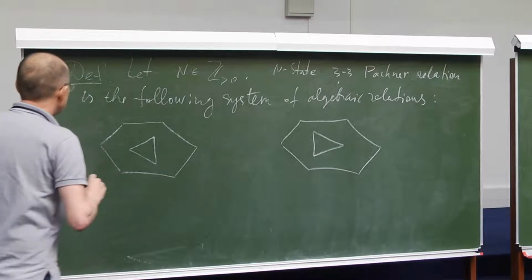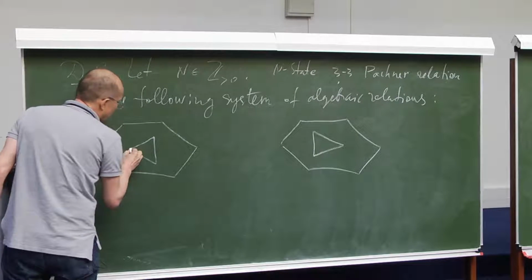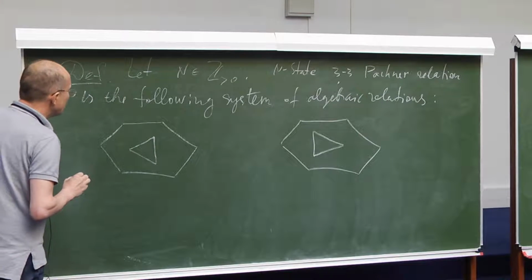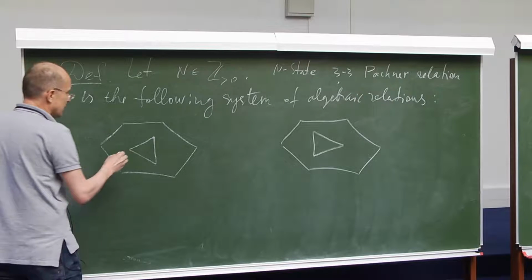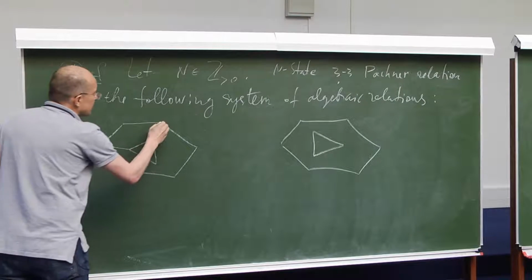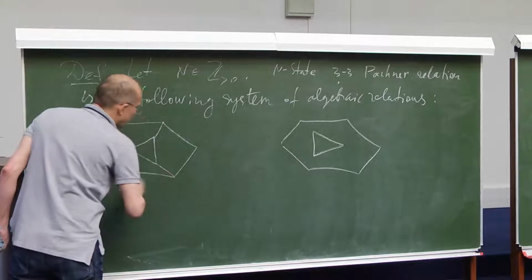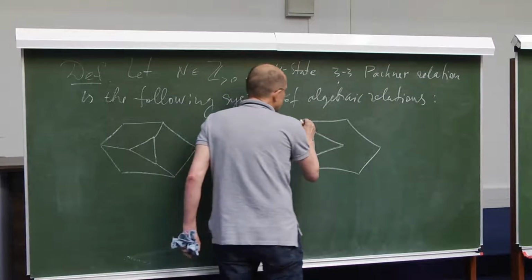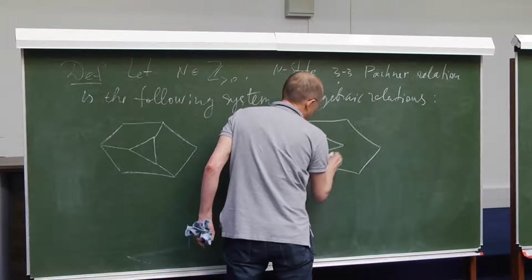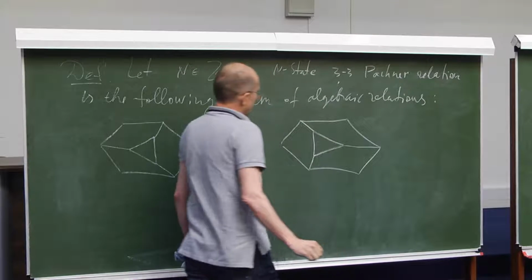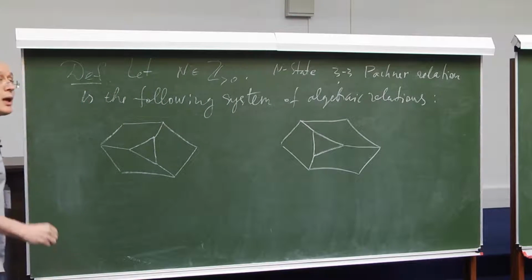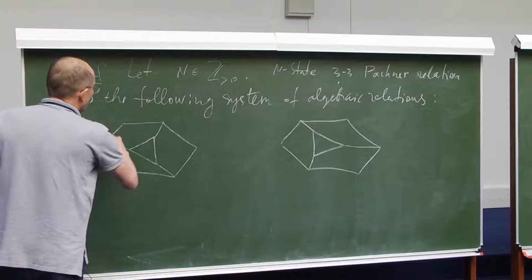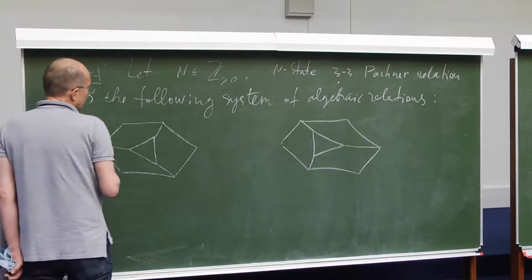Then I draw 3 vertices of the triangle to the 3 closest vertices of the hexagon, like this. And do similarly here. Next thing, I put arrows on all the edges, in the following way.